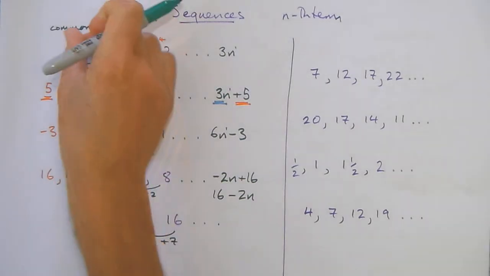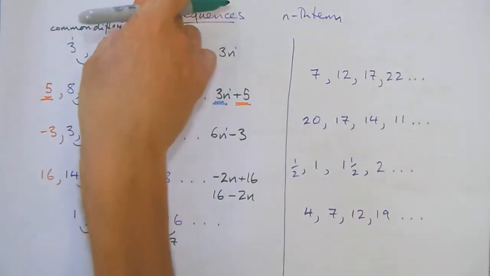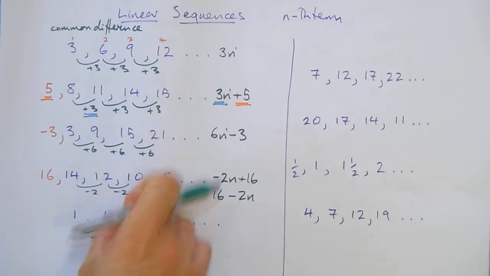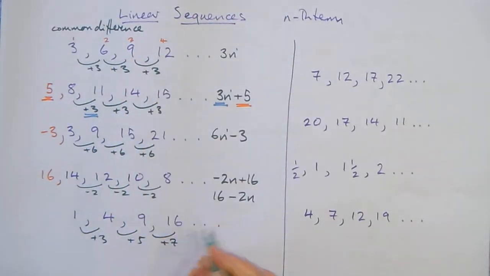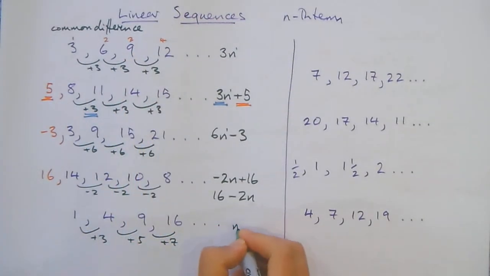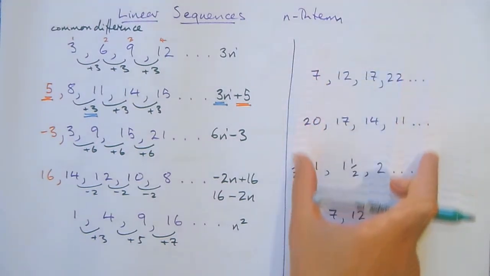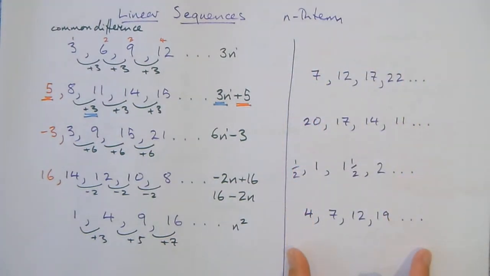And this number is in fact 1 squared. That one is 2 squared, 3 squared, 4 squared. This is the sequence n squared. And at this level, we might expect you to do something simple with that one. Okay then, why don't you pause the video and see if you can write those.